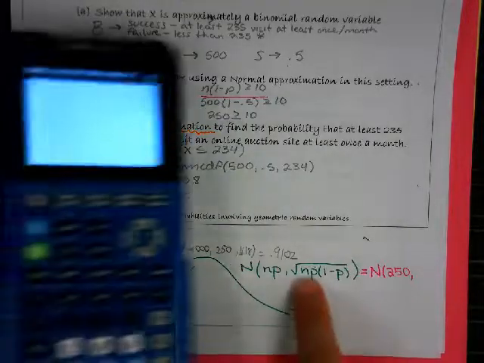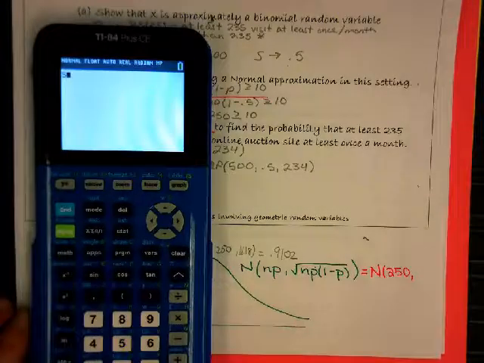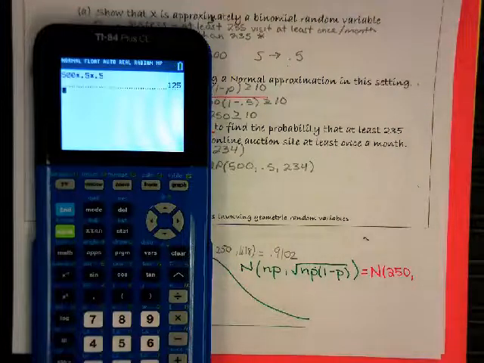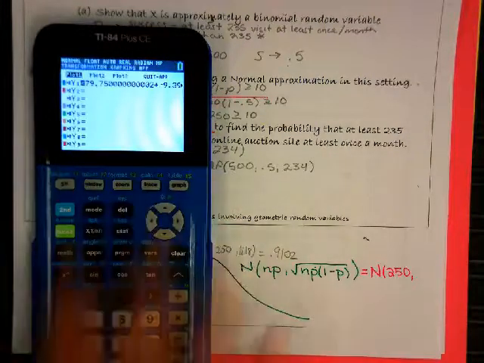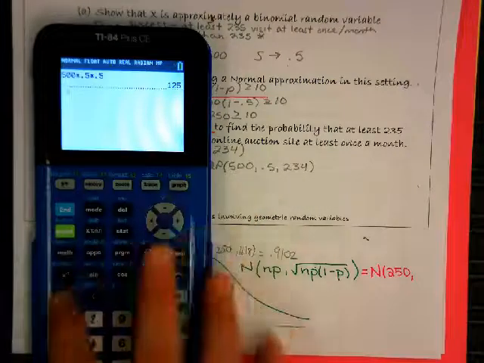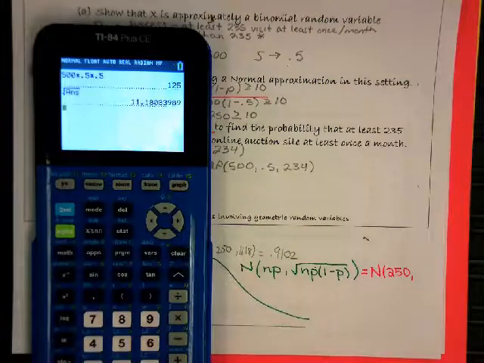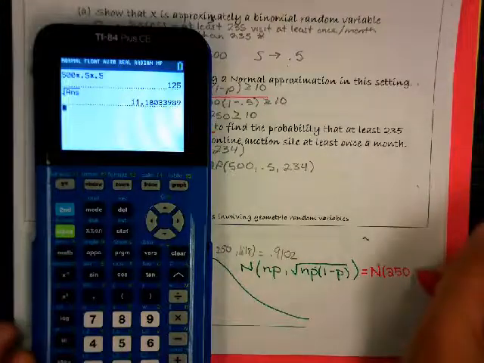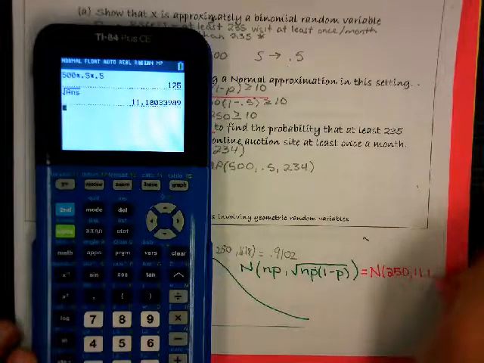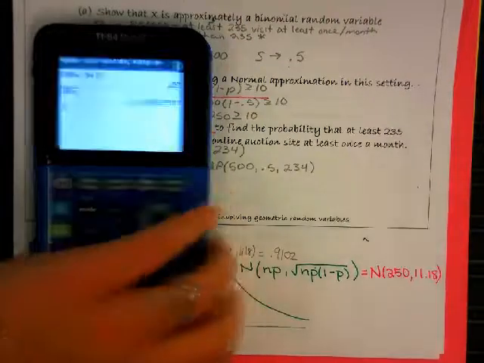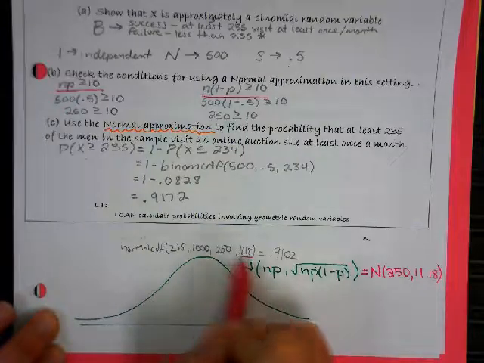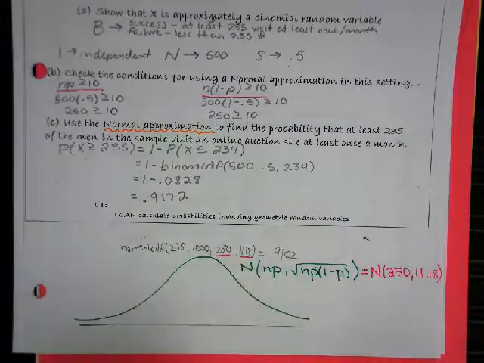So n times p times 1 minus p is 125, and then we're going to square root 125, and we get 11.18. So our standard deviation is just over 11, which is what she had here for her standard deviation and her mean. I'm just adding the picture.